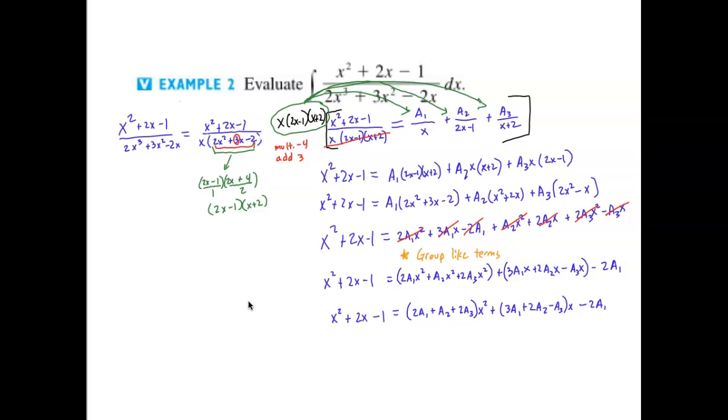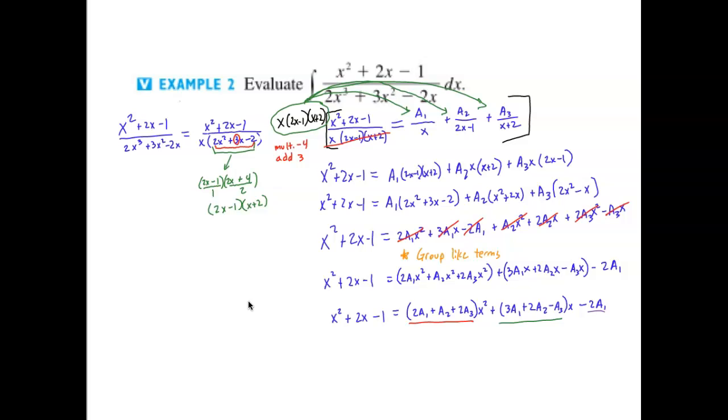So what I want you to recognize, remember that A1, A2, and A3 are constants, right? So each one of these is really just a coefficient on a variable. That's a coefficient on x squared. This is a coefficient on x. This is a constant. Well, notice that that's equal to a trinomial on the left-hand side, which also has x squared, x, and a constant.